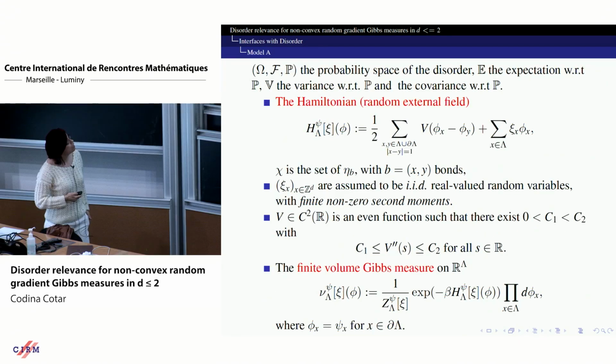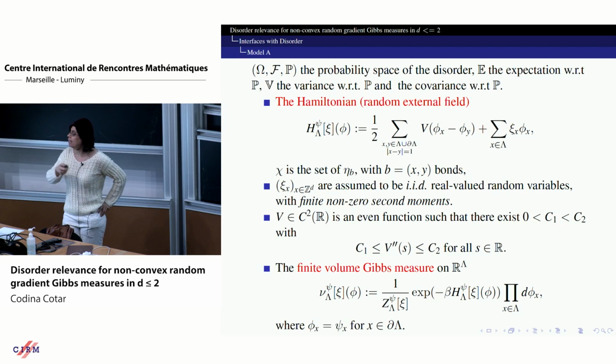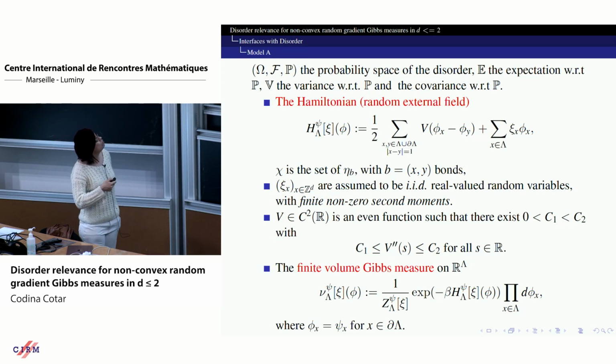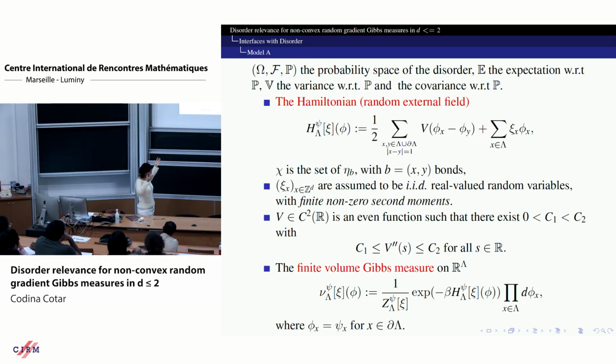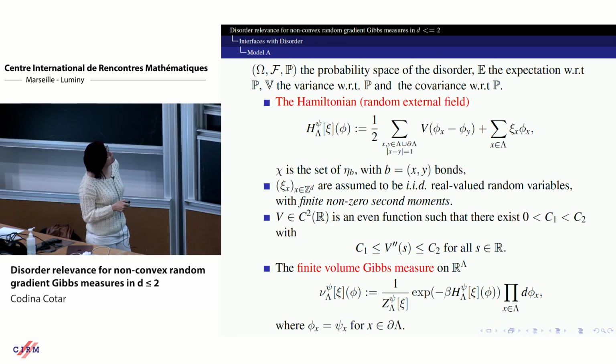Okay. So once I have told you what kind of properties we have when we have models in convex or non-convex setting without disorder, I'm going to add some external perturbation to the system. There are two types of perturbations I will add. The first one: to the original Hamiltonian, I'm going to add a disorder of the type sum of psi_x phi_x.